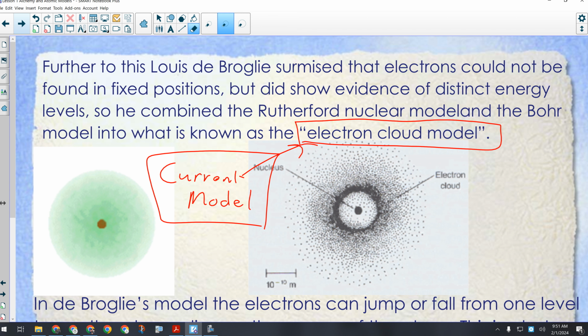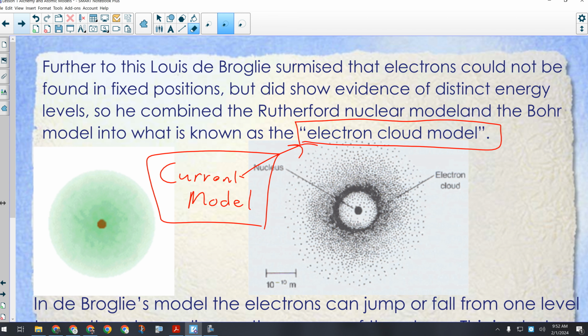Here's what I'm going to ask you to do. On your unit exam, weeks from now, I'm going to ask you to draw me a picture of a particular element's atom. So let's pick something simple. Let's say I ask you to draw a picture of an atom of lithium.